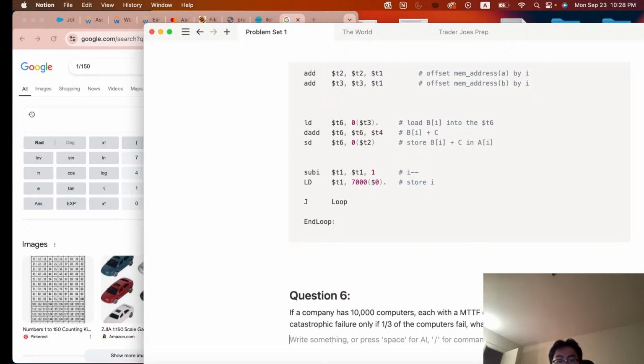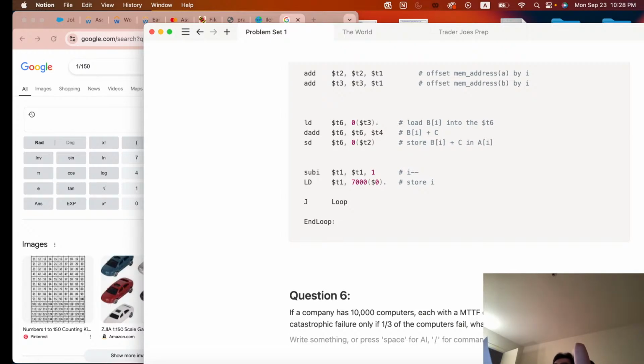Okay. Is this a trick question? Is it not just, so it experiences catastrophic failure only if 1/3 of the computers fail?